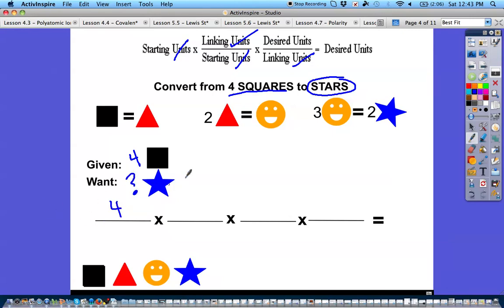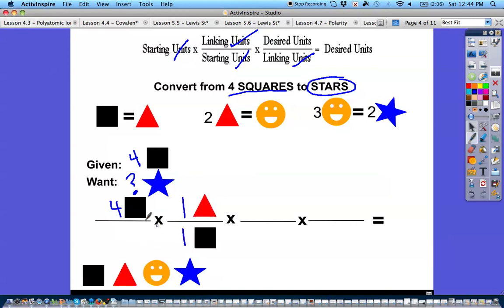So we're starting here with 4 squares. Well, our conversion factors are given to us here. We don't have something where we can go straight from squares to stars. The only conversion factor we have is going from squares to triangles. So we're going to have to use that to start with. So 1 square is equal to 1 triangle.